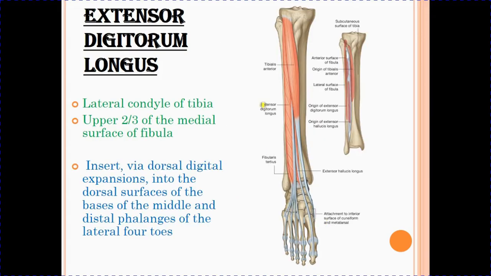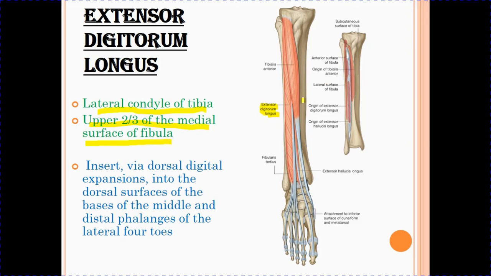The second muscle is the extensor digitorum longus muscle. The extensor digitorum longus muscle is arising from the lateral condyle of the tibia as well as from the upper two-thirds of the medial surface of the fibula.